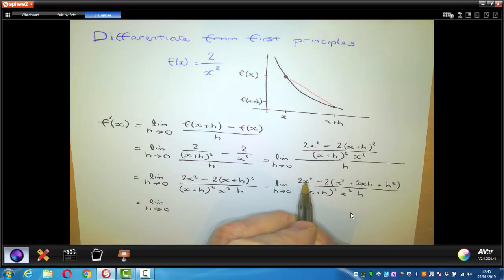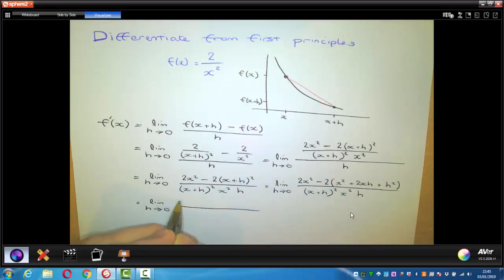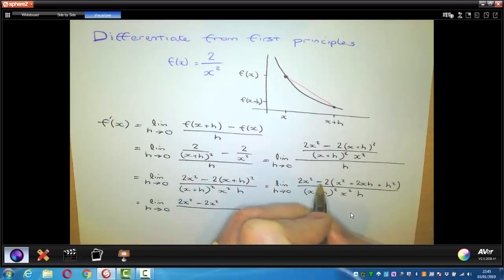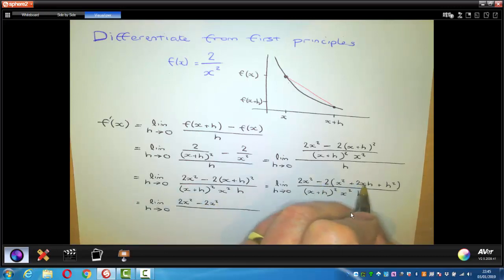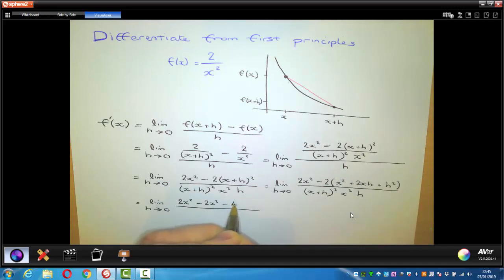Well, what happens here? 2x squared minus 2x squared. Those cancel. Well, let's write them down. 2x squared minus 2x squared. We also have minus 2 times 2xh. That's minus 4xh minus 2h squared. And on the denominator, we still write x plus h squared x squared times h.